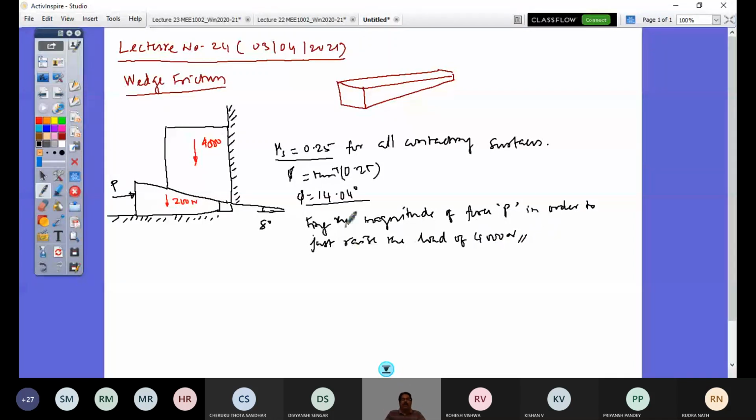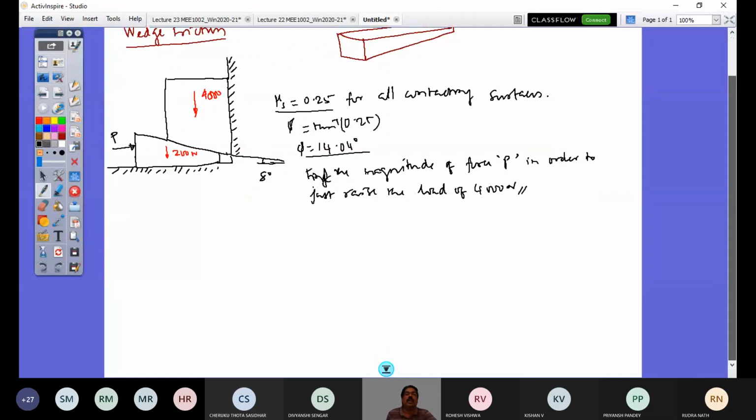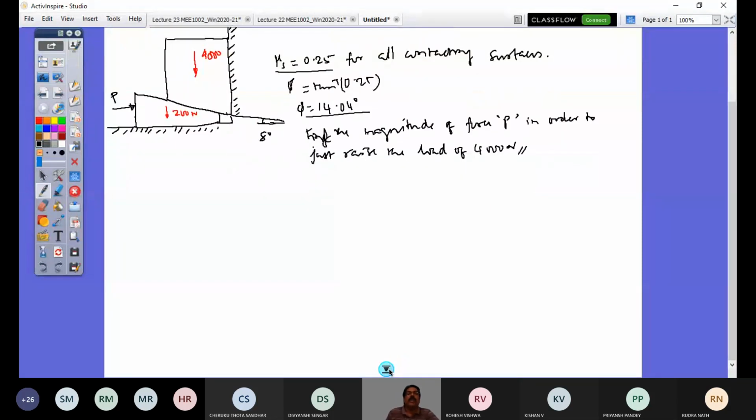So now how do you go about solving this problem? Essentially, you should draw the free body diagram, right? You should always start to draw the free body diagram of the wedge first and the load second. So how many contacting surfaces are there?